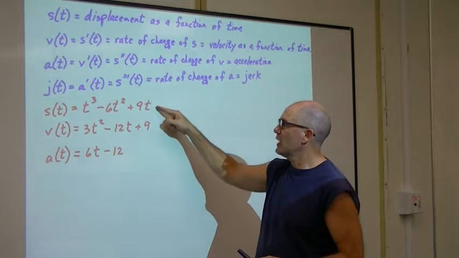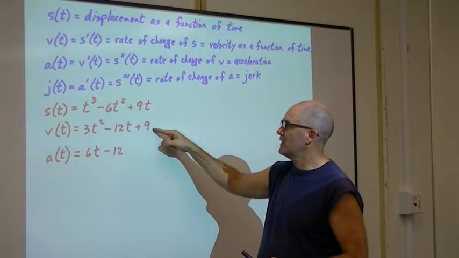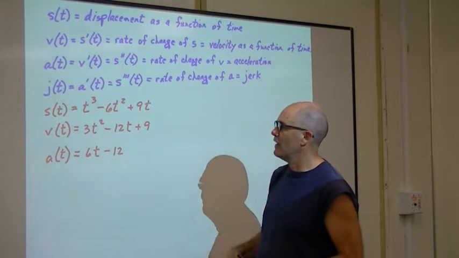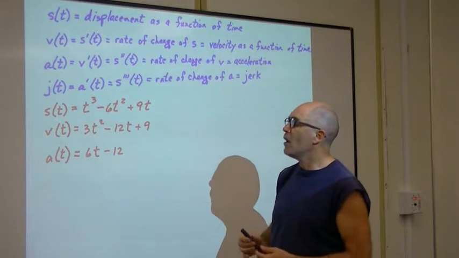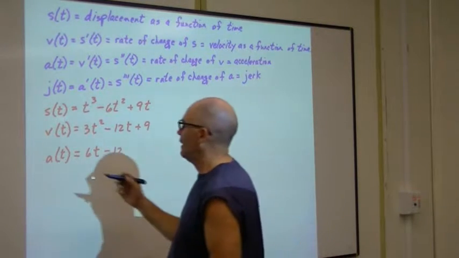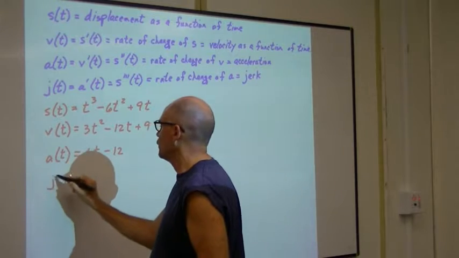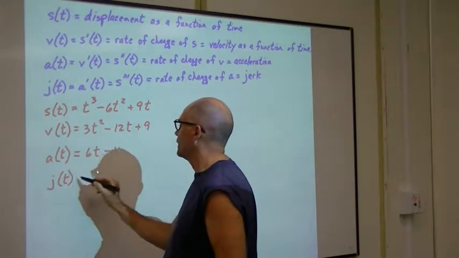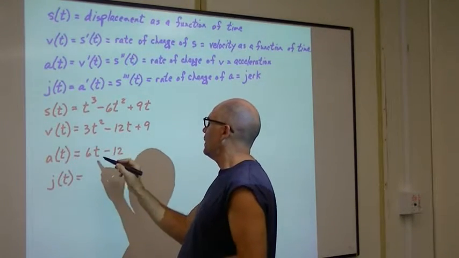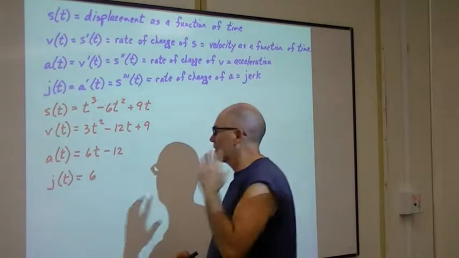So I have a third degree, take the derivative, I get a second degree, take the derivative again, I have a first degree. Now, if I take the derivative again, which they didn't ask us to do, but this will be like bonus coverage, this is just going to be 6.